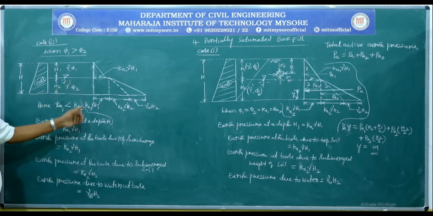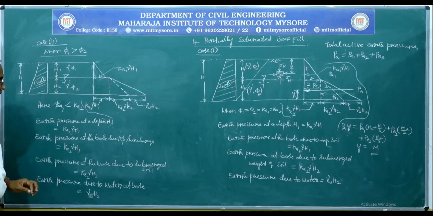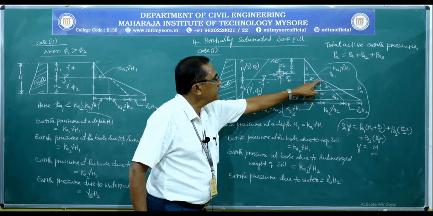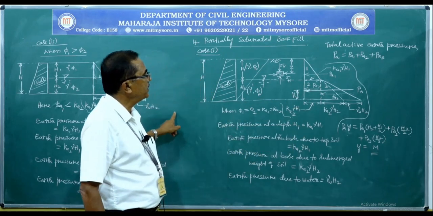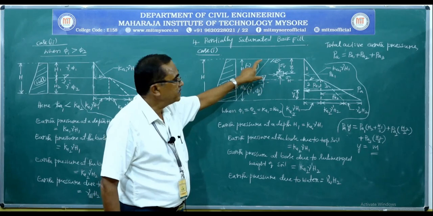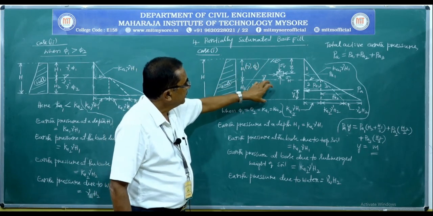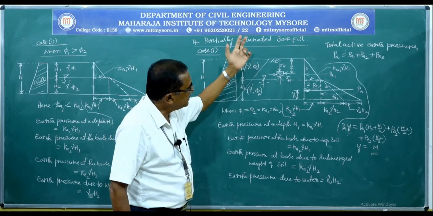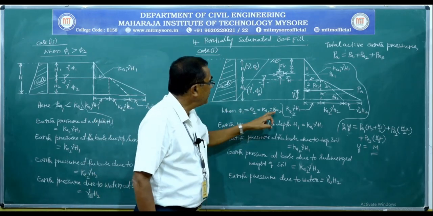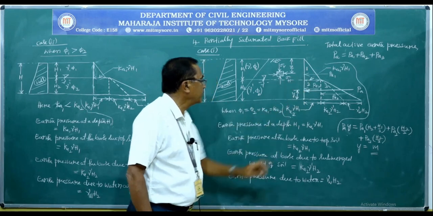See here, compare the previous case and observe the pressure distribution diagram. Here at this junction, there is no change in earth pressure at the base due to the top surcharge, the top dry soil. Dry soil acts as a surcharge for the bottom layer, because Ka1 is equal to Ka2 and remains the same.